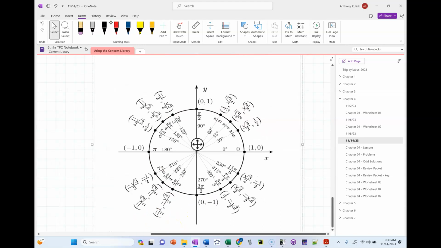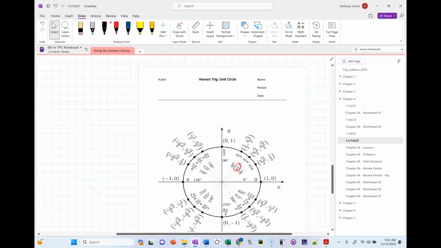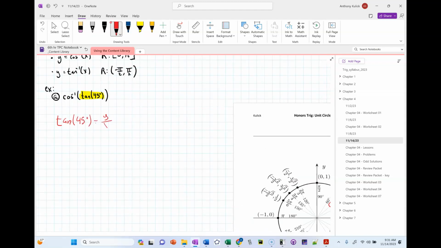So I locate 45 degrees. And I remember on the unit circle, tangent is y over x. And the y coordinate was root 2 over 2.